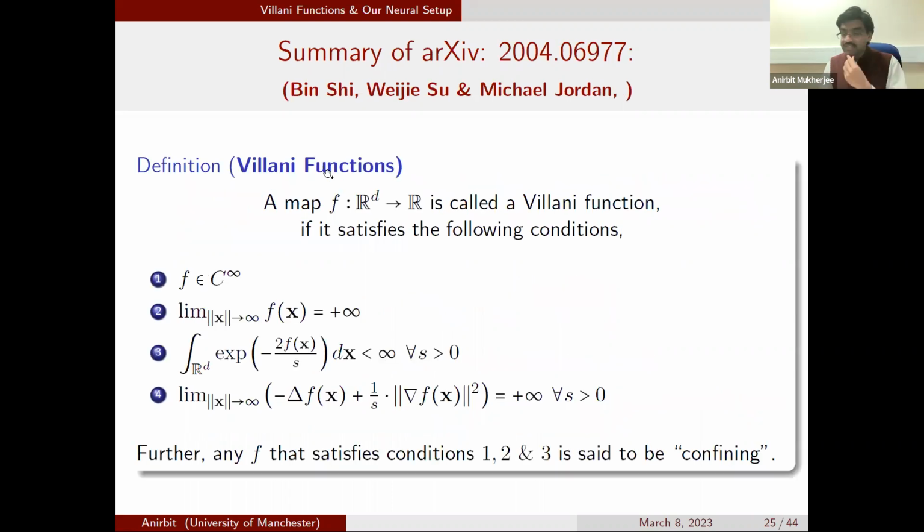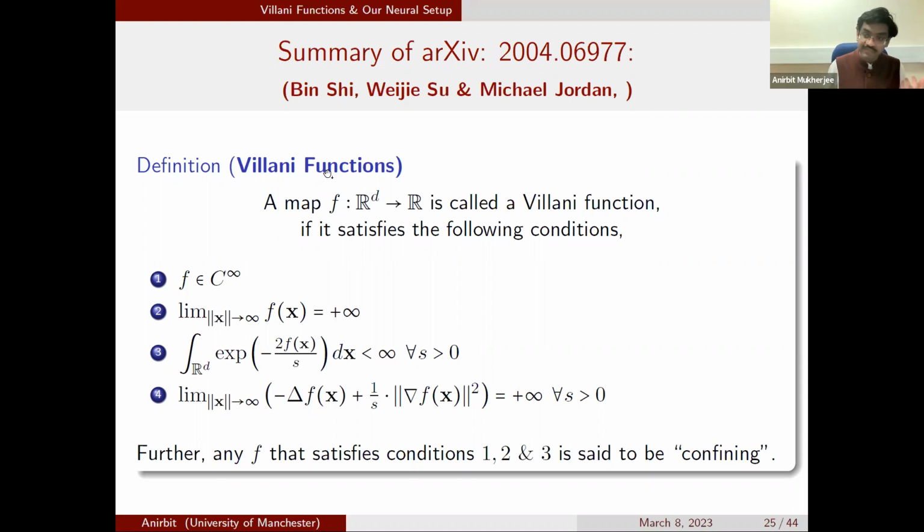Okay, so what is a Villani function? To formally define it, a real valued function on R^D will be said to be Villani if it satisfies these four conditions. First, it is infinitely differentiable. Second, it blows up at infinity in all directions. Third, its Gibbs measure is integrable: e to the power of minus 2f by s is integrable, for every value of small s.